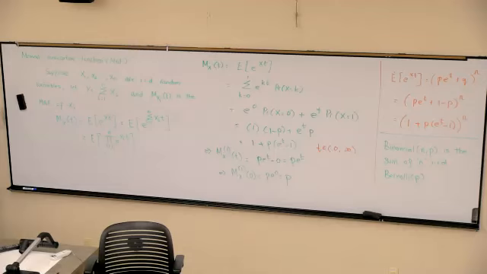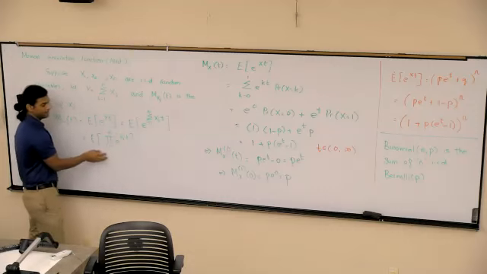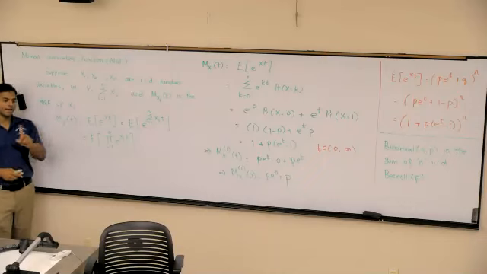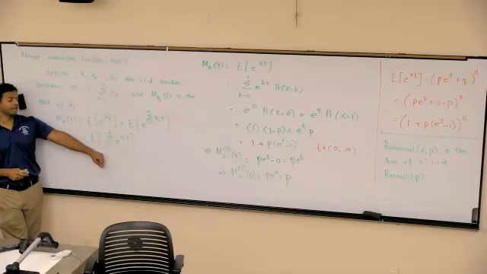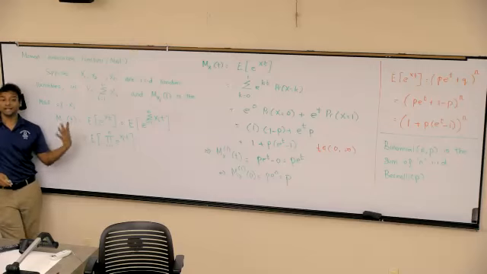Correct. e raised to x multiplied by e raised to y is simply e raised to x plus y, by properties of exponents. Since they are IID, one of the properties of expectation is that if the random variables are independent, then I could pull the product out.